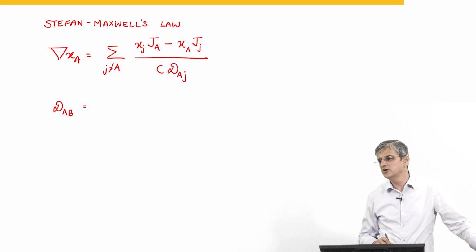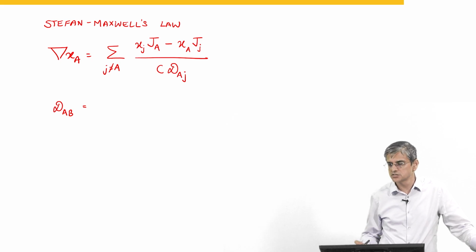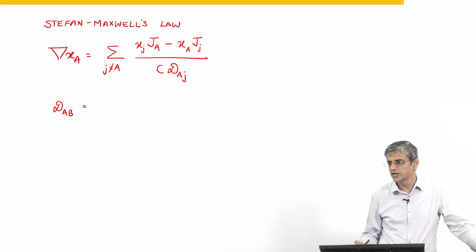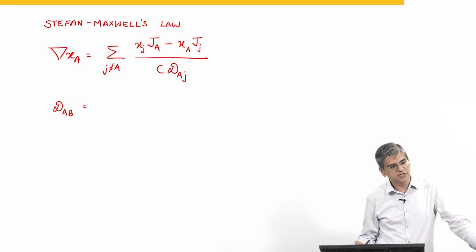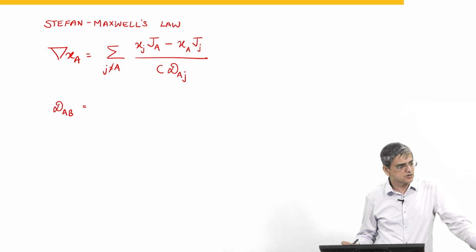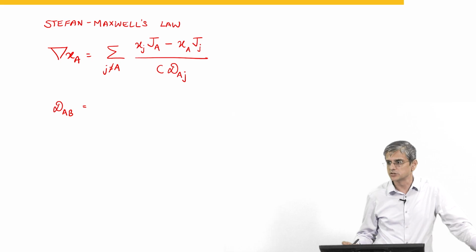This can be obtained by kinetic theory of gases for gases. So there are a couple of relations that you can use in order to obtain this. Okay. So for gases, you can use something called the Chapman-Enskog correlation. Okay. For liquids, you can use the Stokes-Einstein correlation.